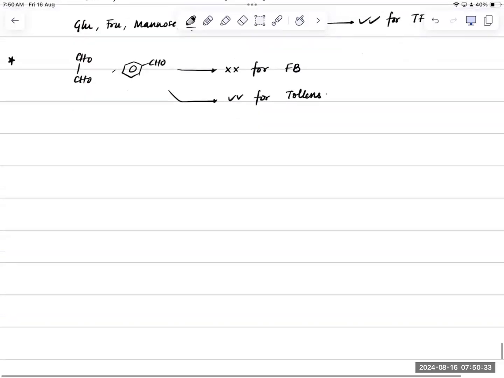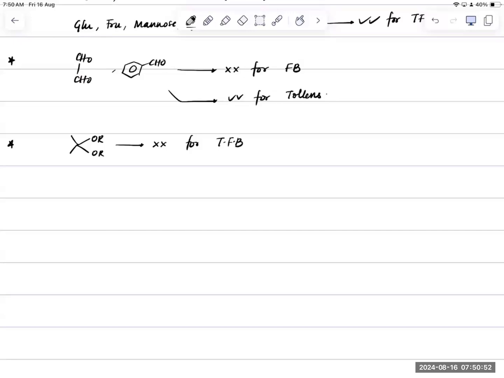So Tollens is observed in benzaldehyde as well as glyoxal. And any form of acetals will be negative test for Tollens, Fehlings, and Benedict. Keep that in mind.